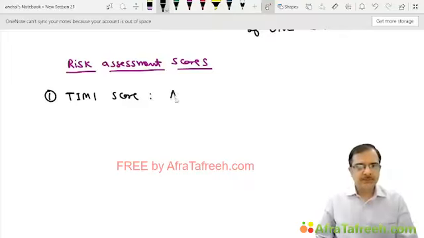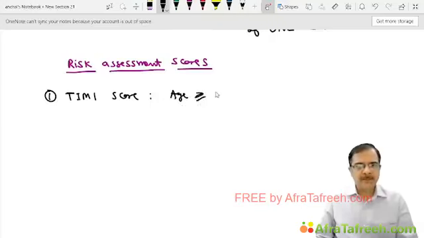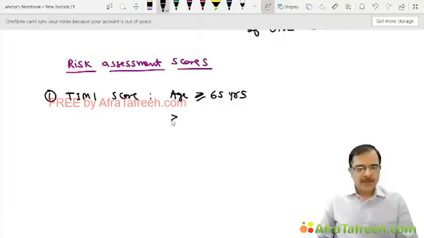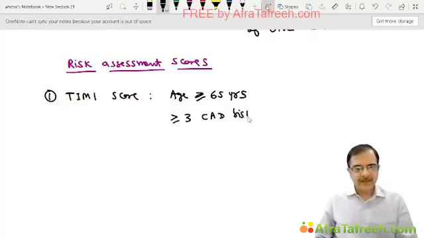The TIMI score includes age more than 65 years, then more than 3 coronary artery disease risk factors.